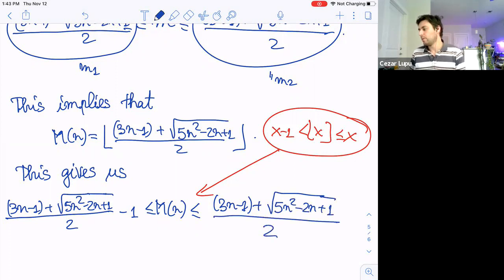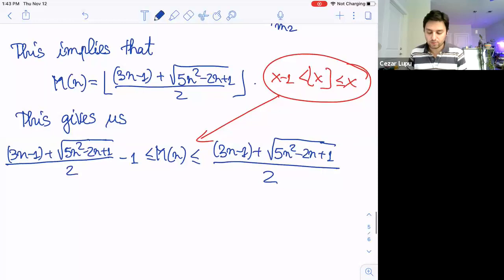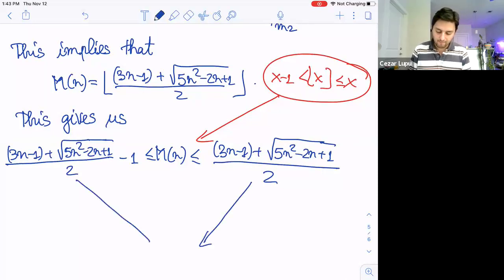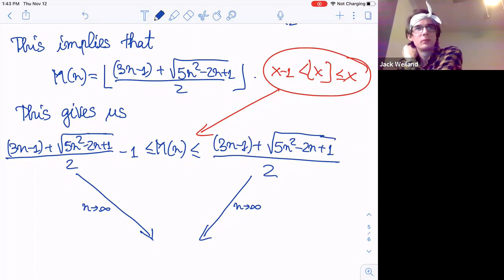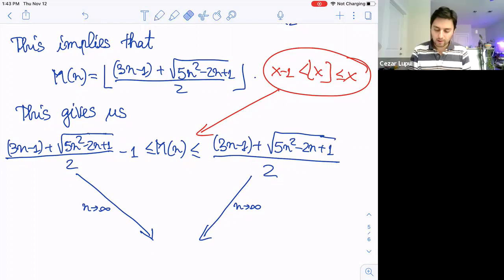And now, if you use the squeeze theorem, this will converge to what? Can you tell me, as n approaches infinity? Oh, sorry, over n. Not yet.